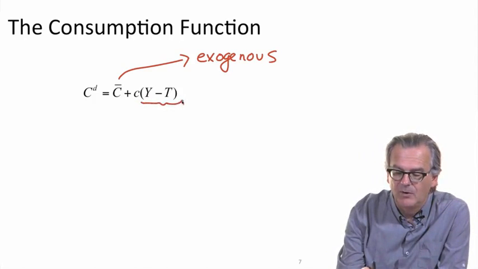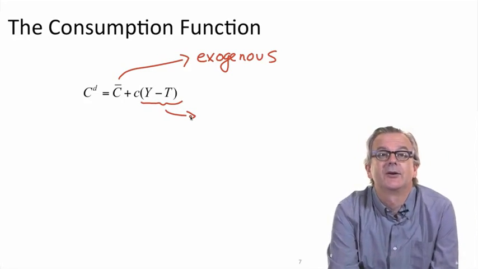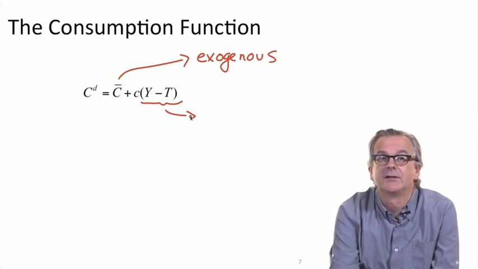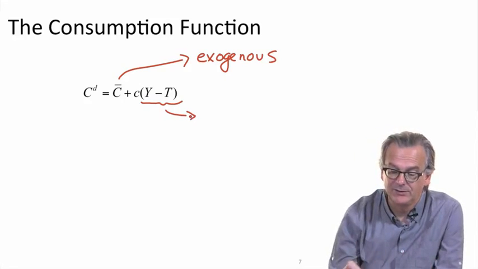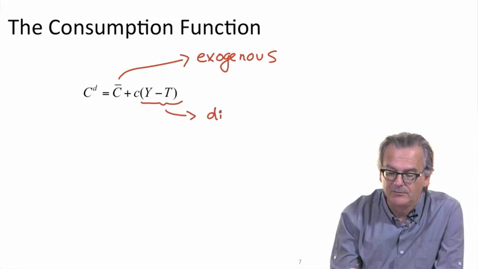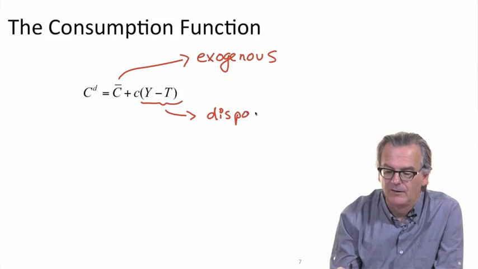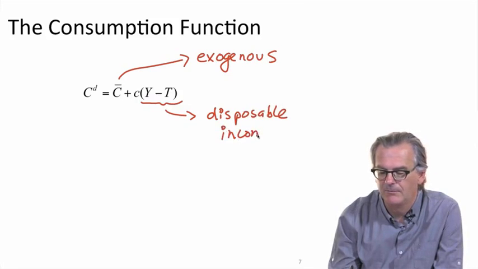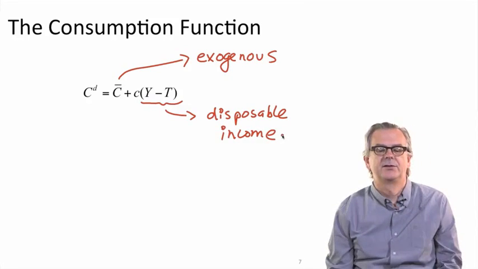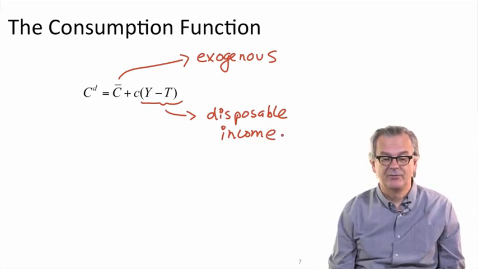This term, y minus t, y you recall is our notation for income, t is our notation for taxation, that term measures the disposable or after-tax income that households have available.